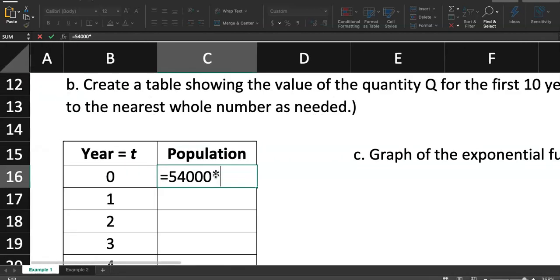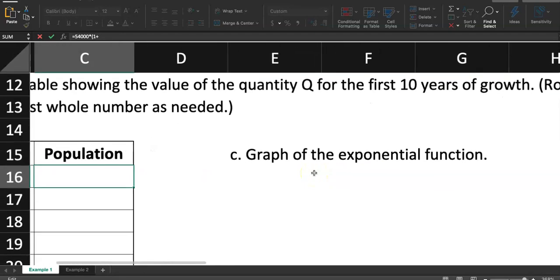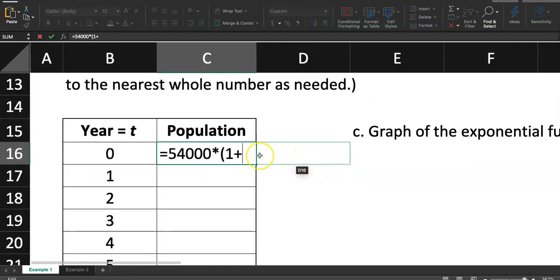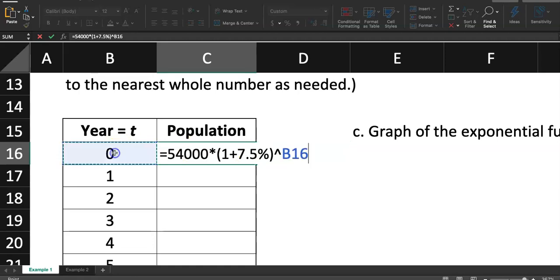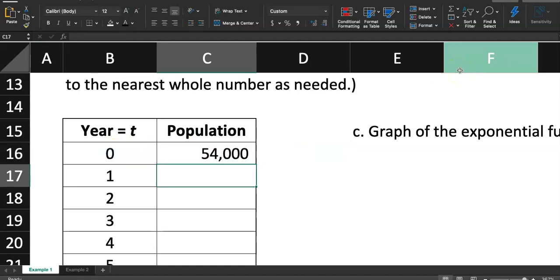Okay, parenthesis 1 plus, the population is growing at what percent? 7.5%, right? So 7.5%, close the parenthesis and raise this to the year 0. But instead of typing 0, I'm going to click on this B16 and hit enter. The population at year 0, well, the initial population is 54,000, right?